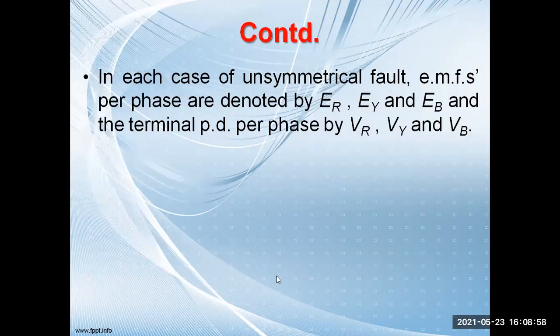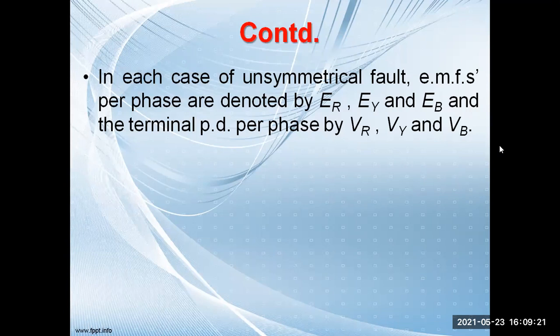Now, in each case of the unsymmetrical fault, the EMFs per phase are denoted by ER, EY and EB, and the terminal voltage per phase is denoted by VR, VY and VB. We have to remember that the internal EMF is denoted by ER, EY and EB.